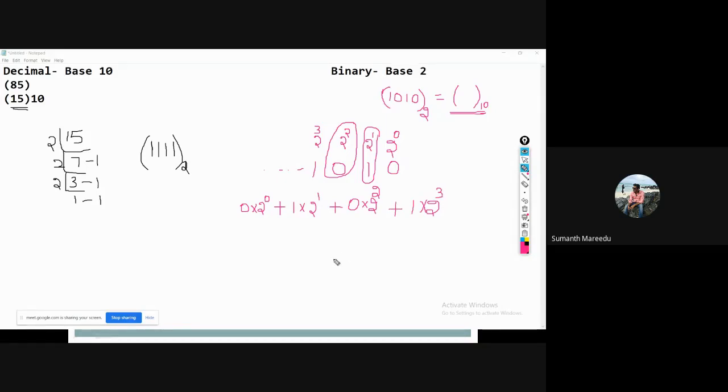You just find the sum of this, and that is the decimal equivalent. So 0 into 2 power 0 is 0. 1 into 2 power 1 is 2. 0 into 2 square is also 0, plus 1 into 2 cube is 8.